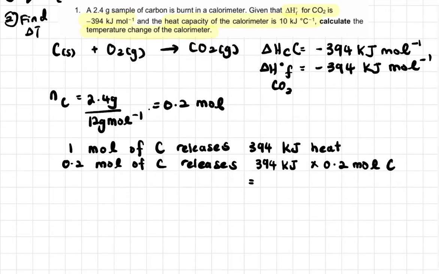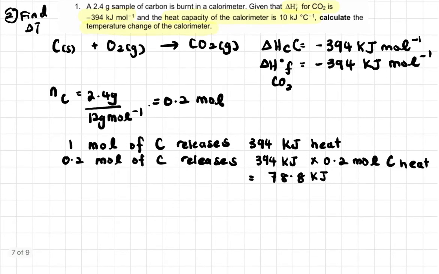So awak akan dapat berapa? 78.8 kilojoule heat. Okay, so maksudnya value of Q reaction equals to negative 78.8 kilojoule.